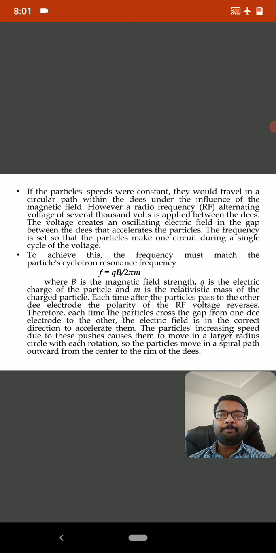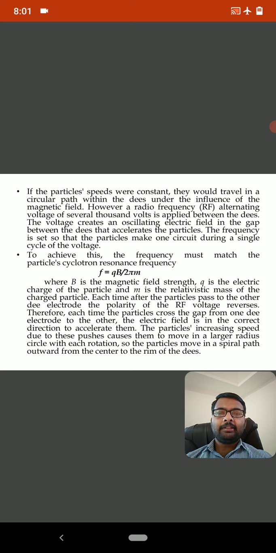Each time after the particle passes to the other D electrode, the polarity of the radio frequency voltage reverses. Therefore, each time the particle crosses the gap from one D electrode to the other, the electric field is in the correct direction to accelerate the charged particles.